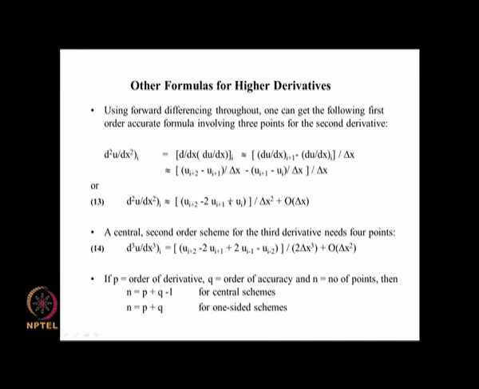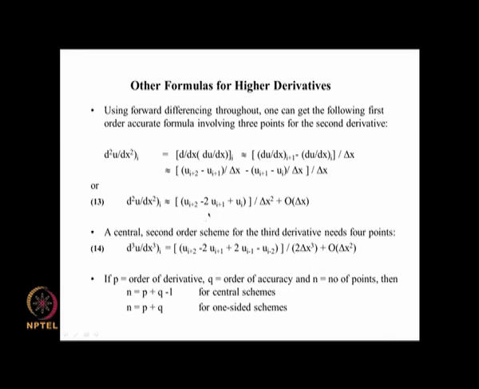And you can go through a Taylor series expansion, or you can say, okay, I have used forward difference consistently here and forward difference here. Therefore, the whole thing is going to be first order accurate, or you can formally expand this in a Taylor series and demonstrate that this is only a first order accurate approximation.